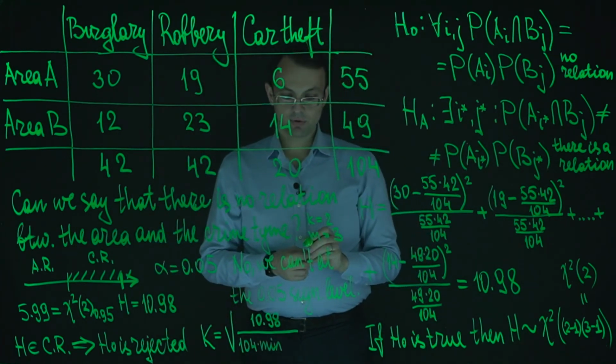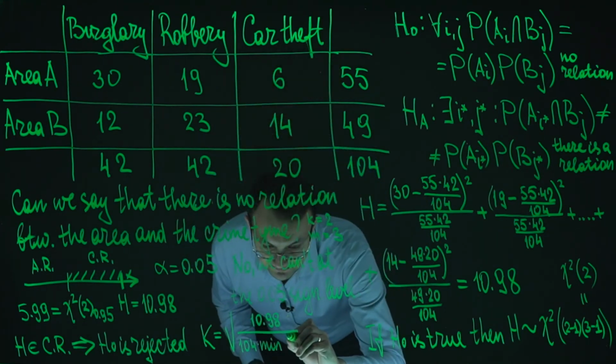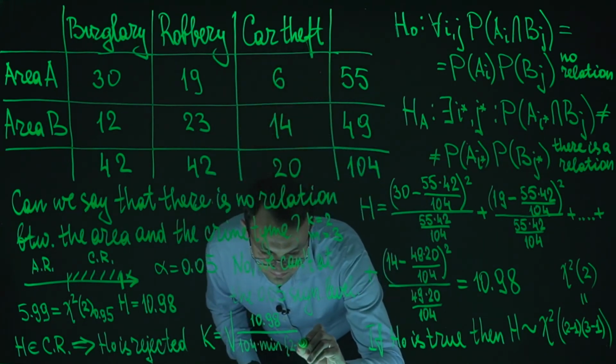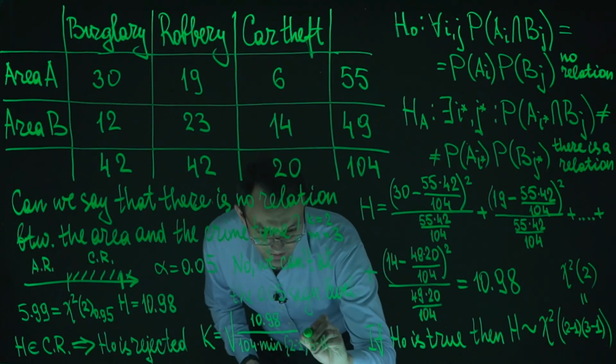So the minimum of 2 minus 1 and 3 minus 1. That is 1, this minimum.